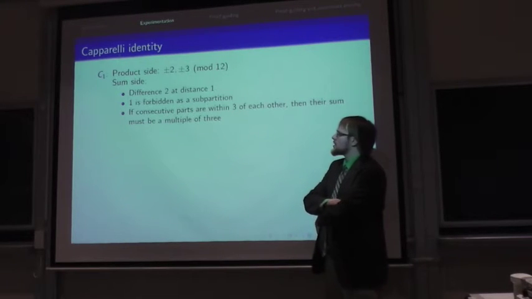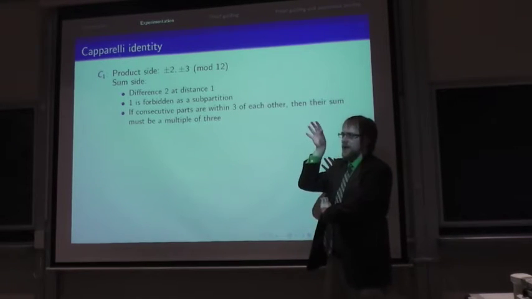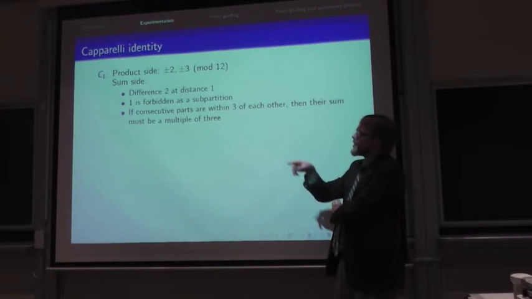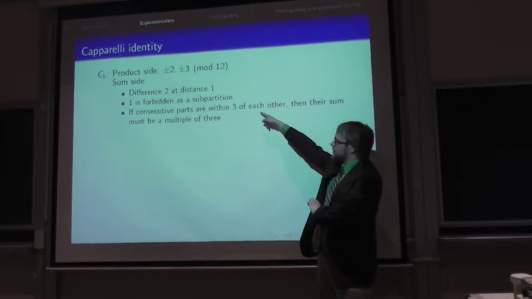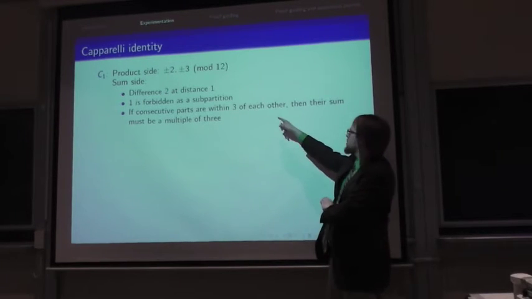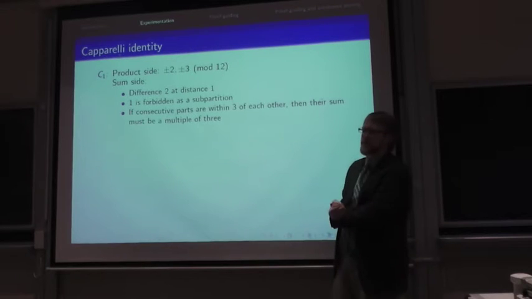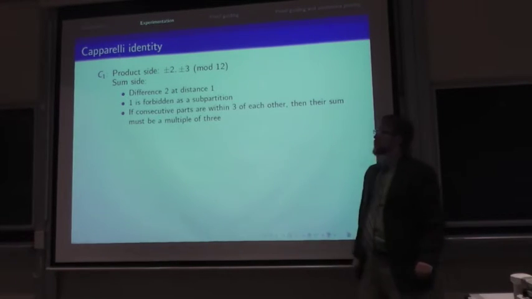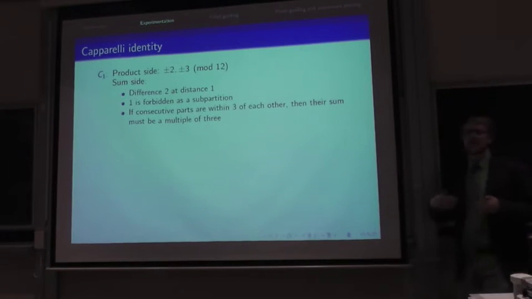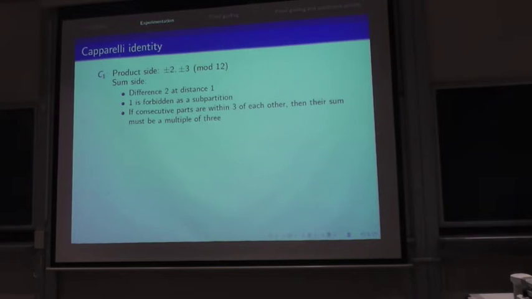So if we have 5 and 2 in our partition, that certainly is okay with the difference 2 at distance 1, but 5 and 2 are within 3 of each other, and 5 plus 2 is not a multiple of 3, and so 5 and 2 wouldn't be allowed. So we have this extra congruence condition.